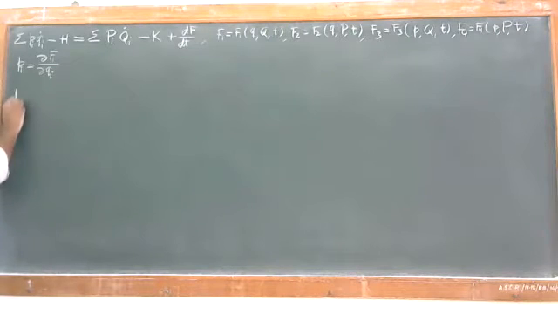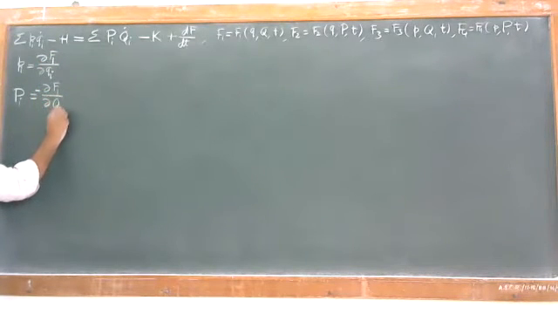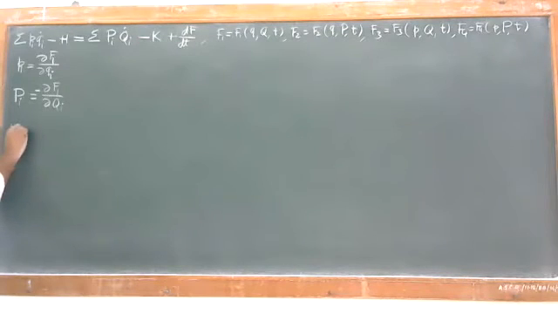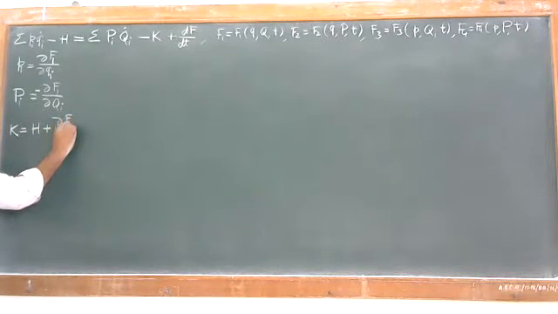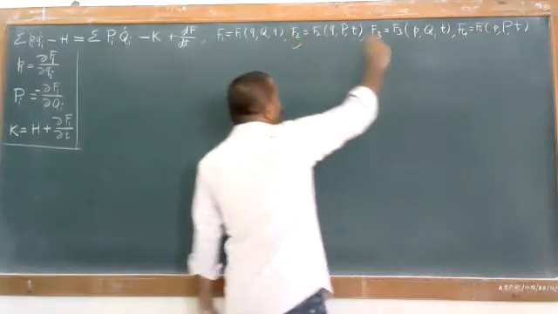Capital Pi is nothing but minus gamma F1 by gamma capital Qi. And the last thing is K is equal to H plus gamma F1 by gamma t. So we'll have to use these conditions, and now look at the next things.